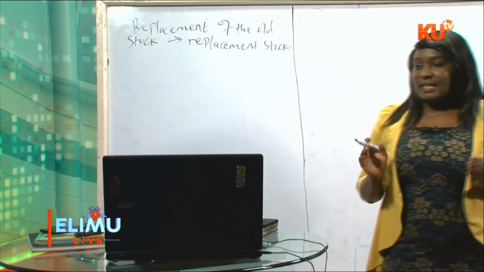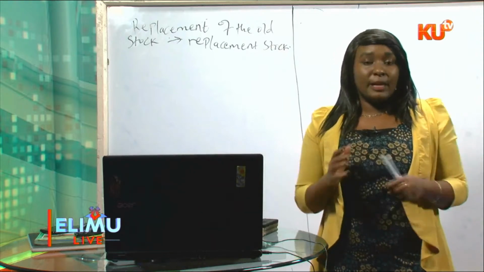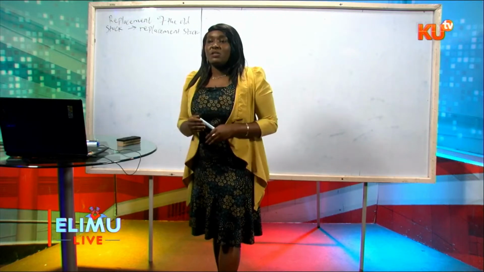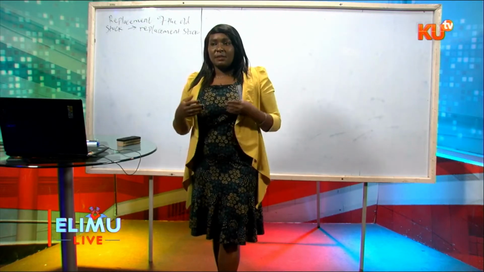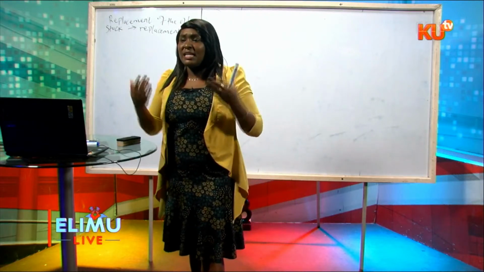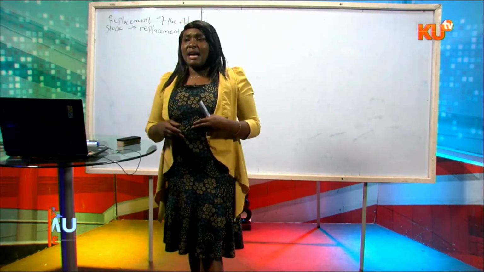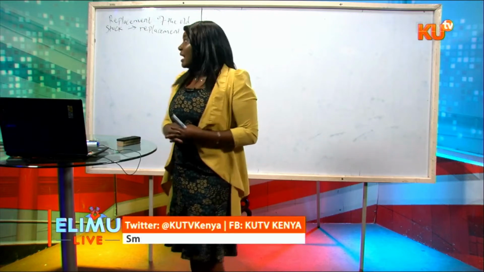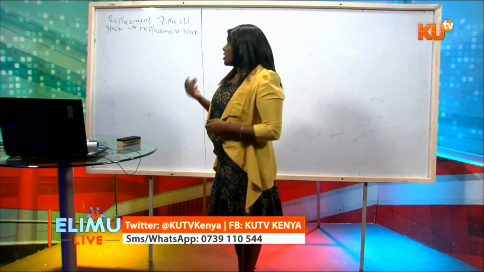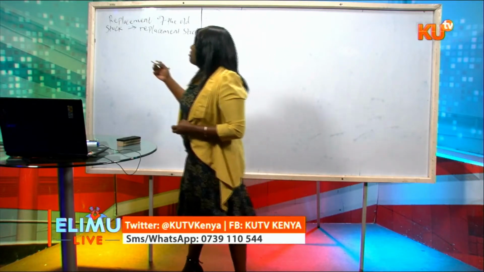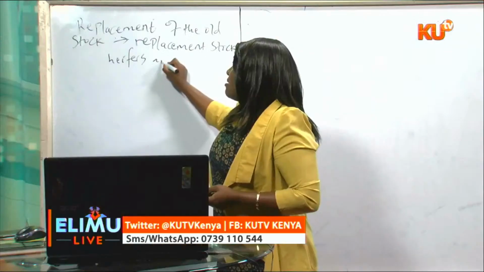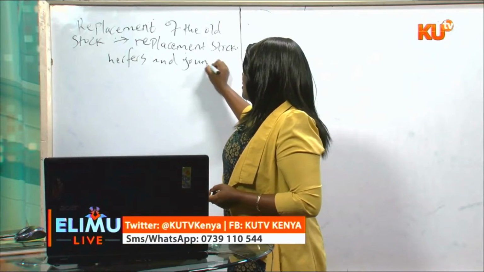I want to believe that that is very clear, because replacement stock, we have said, is where you replace old animals that are wearing out. They have started becoming a bother in your farm. They have started producing little amount of milk. They are not economical to keep in your farm, dear learner, so you need to replace that stock with a new version or new animals, young animals. That is the heifers and the bulls and young bulls.